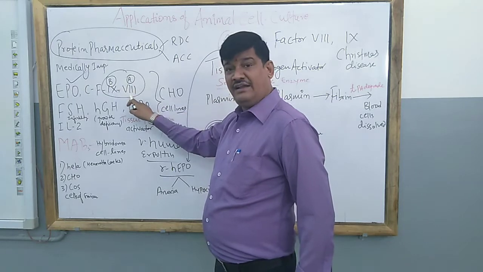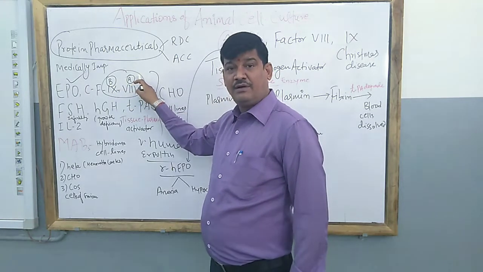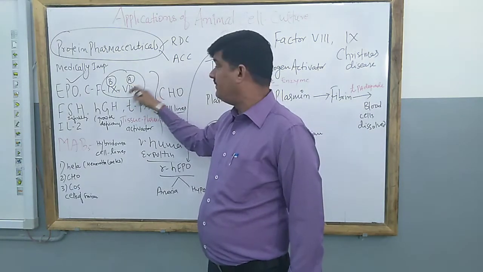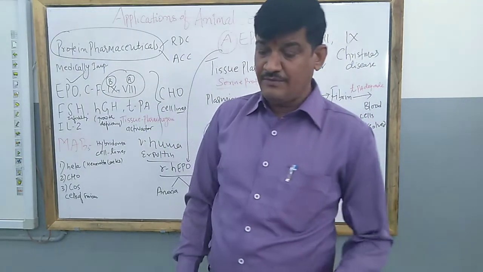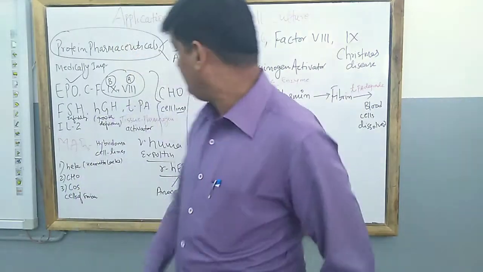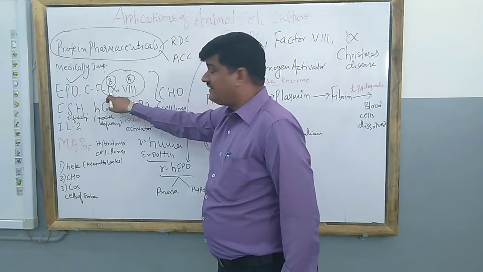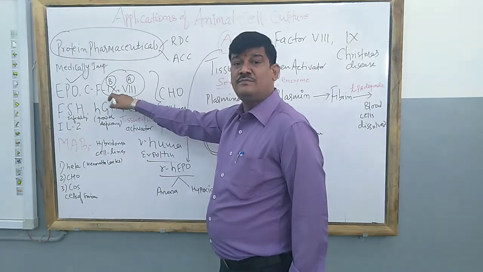Clotting factor 8 is responsible for the type of hemophilia known as A type, and clotting factor 9 is responsible for the type of hemophilia called B type. Factor 9 is also known as Christmas disease.